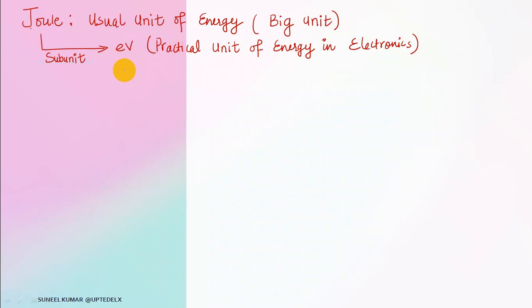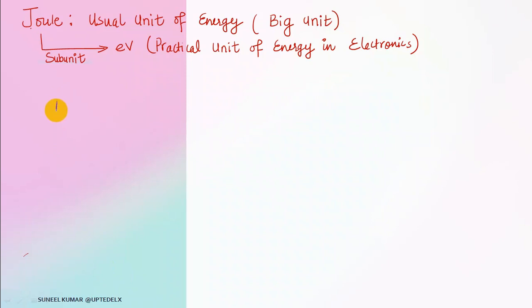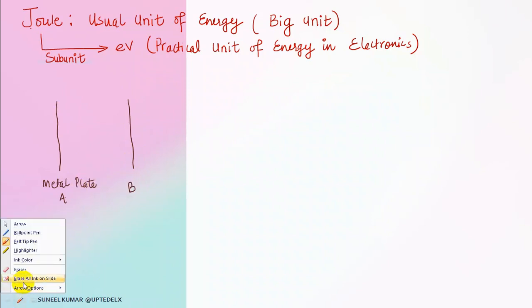Here we will use two metal plates connected with a voltage source, and the voltage source will be of 1 volt. Let's say we are making this arrangement. We have two metal plates. The first metal plate, let's say A, and we have another metal plate, let's say B. These two metal plates are connected with a voltage source.